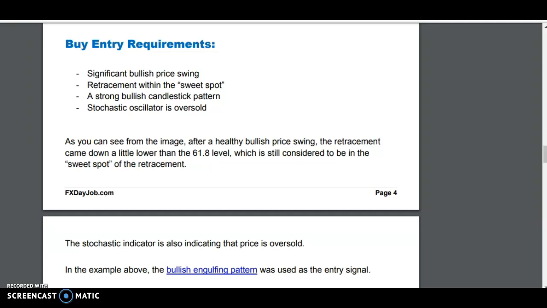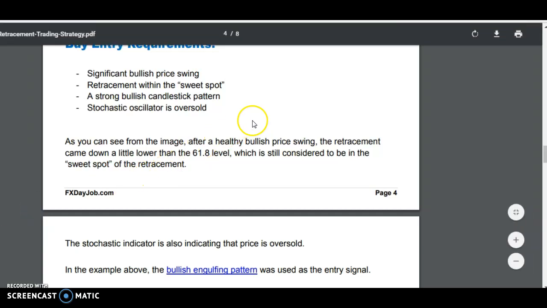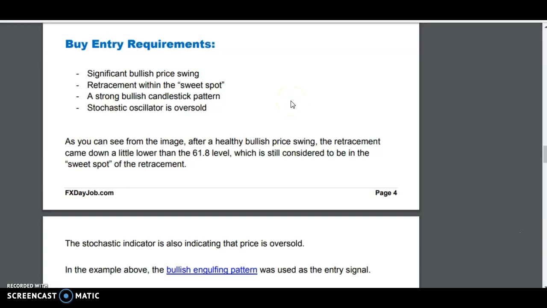For our buy entry requirement, we need the market to swing in a strong upward trend, and then we need the market to retrace to particular key levels, what we call sweet spots. These key levels are between the 38.2 and 61.8 Fibonacci retracement.